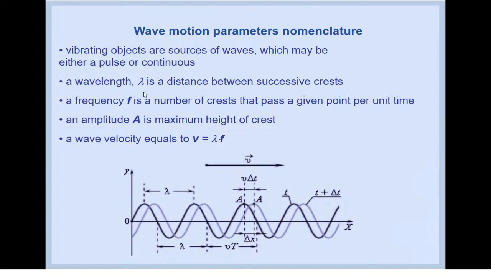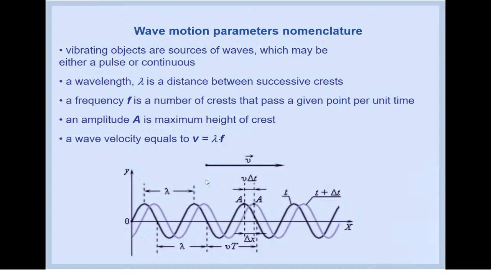A frequency is a number of crests that pass a given point per unit time. An amplitude is the maximum height of a crest. A wave velocity equals the product of the wavelength and the frequency.